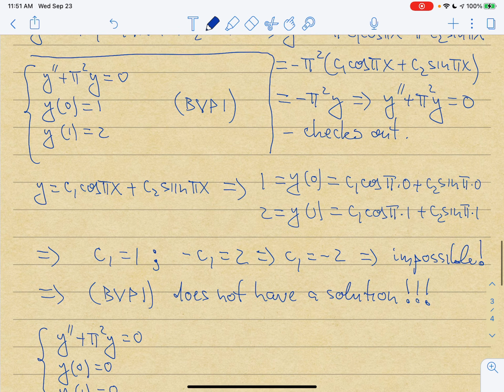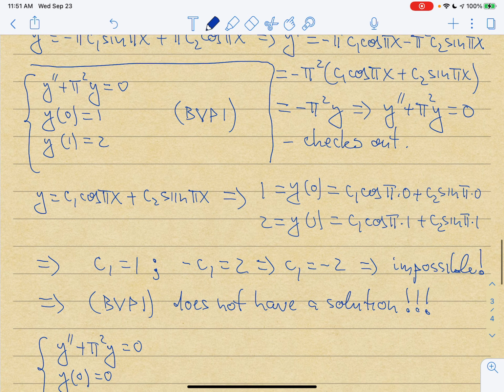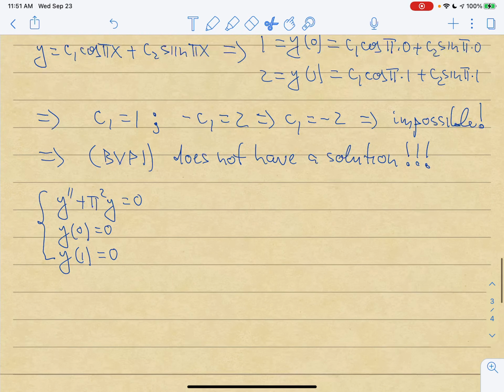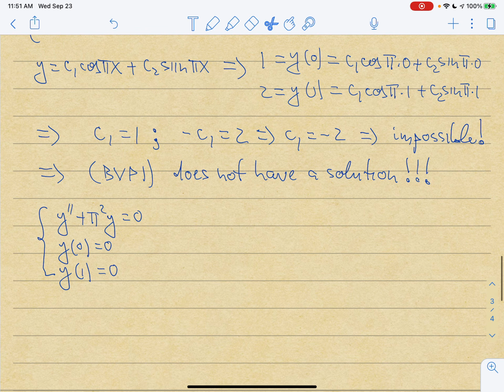Okay, so how do I try to solve this boundary value problem? In the same way, I know that the general solution looks like this. And so I can substitute my boundary conditions into this equation. So first of all, y of 0 is equal to 0. What do we have?